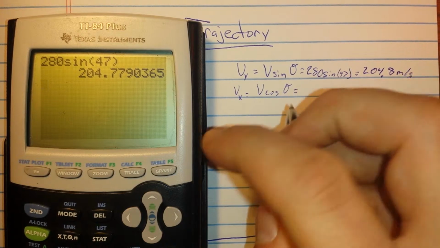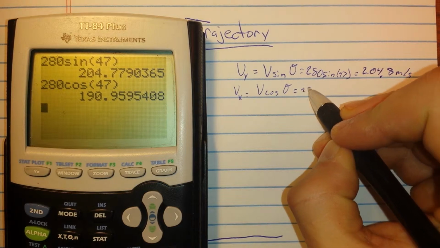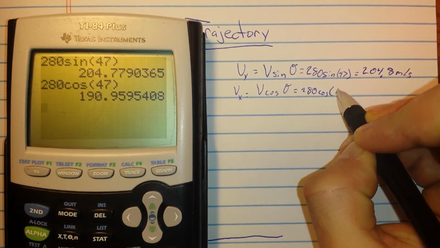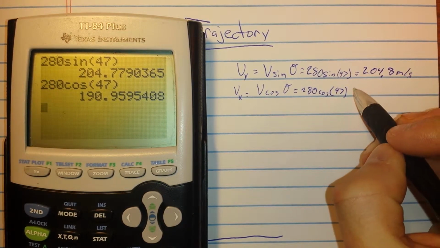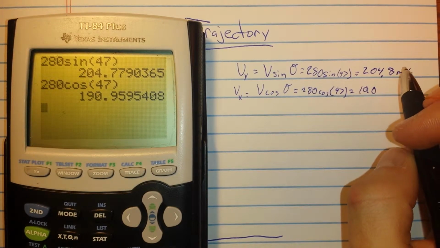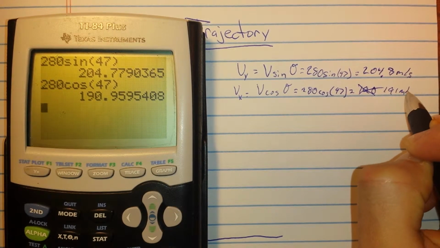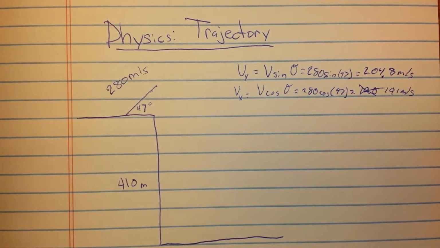Now, to find our x, we're going to do velocity, so 280 cosine 47, and we get 190. Let's just call it 191, actually. 191 meters per second. Okay.